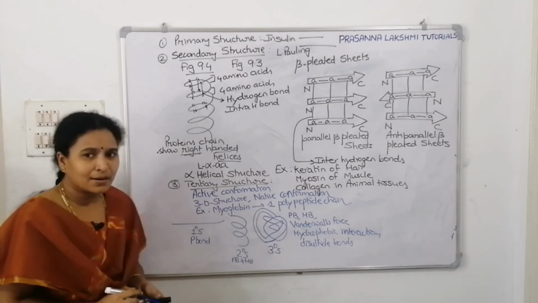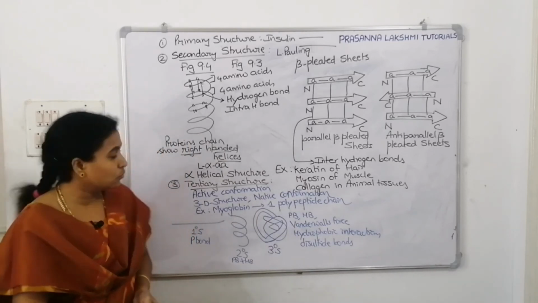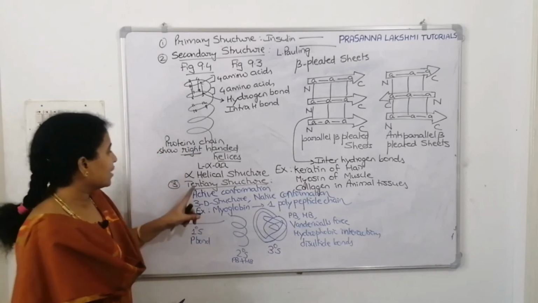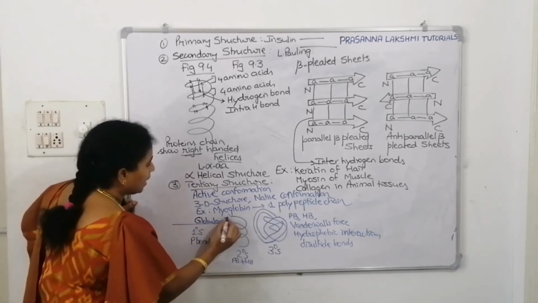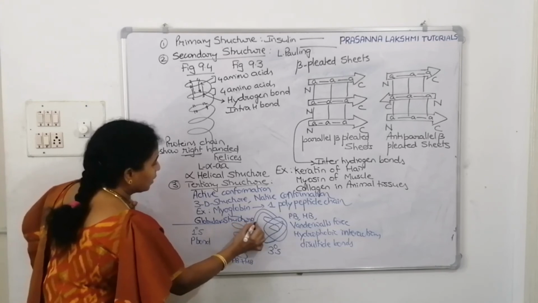All such bonds are required to convert the structure into a globular structure, which is called tertiary structure. The example is myoglobin.